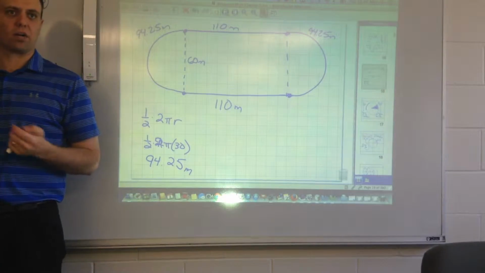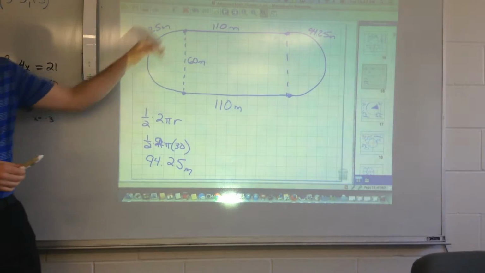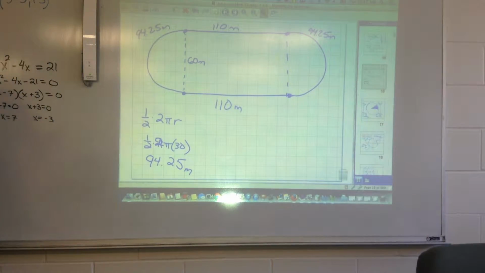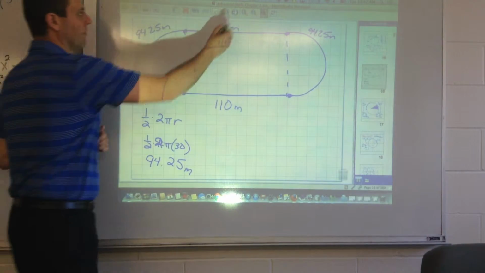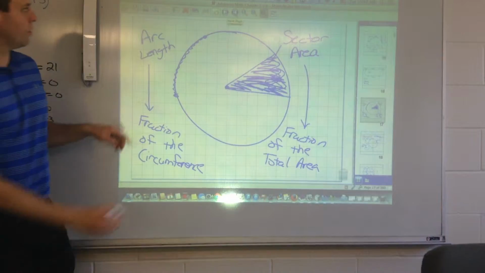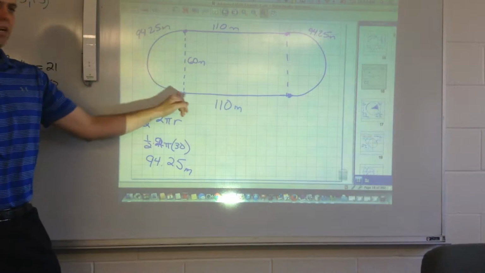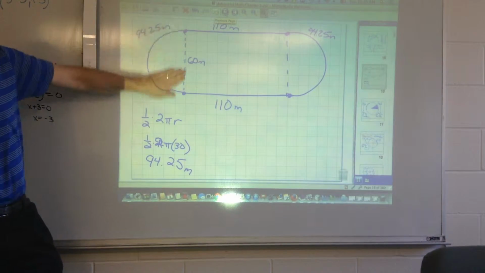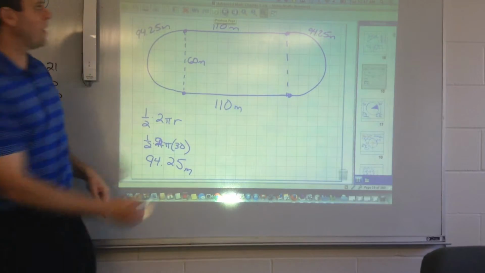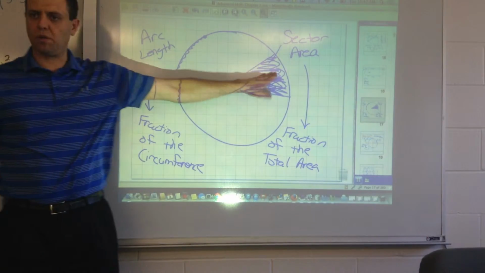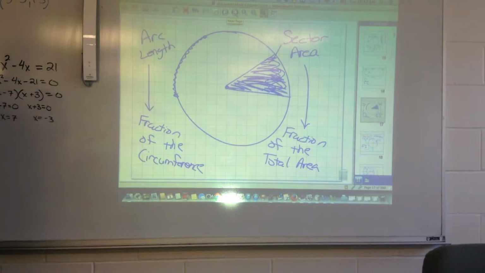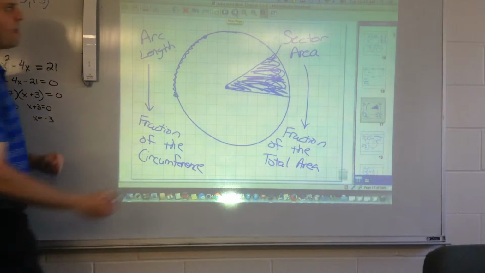The length of an arc will be in units, whatever units it is, meters, inches, miles, whatever. So there's a difference between measure of an arc and length of an arc. We just got done doing arc length right here, and then when we found the area of this, we were really doing sector area.